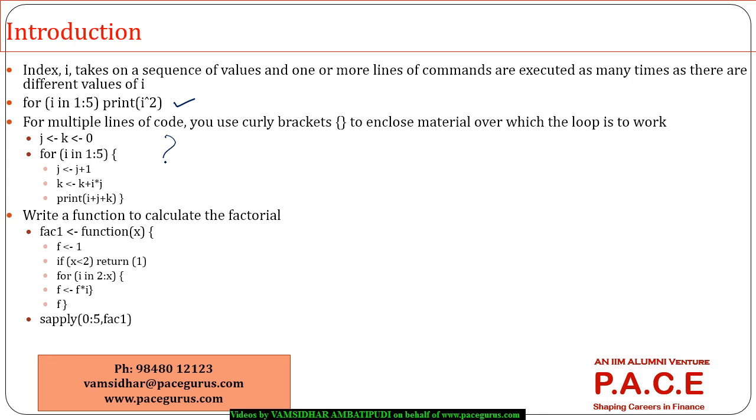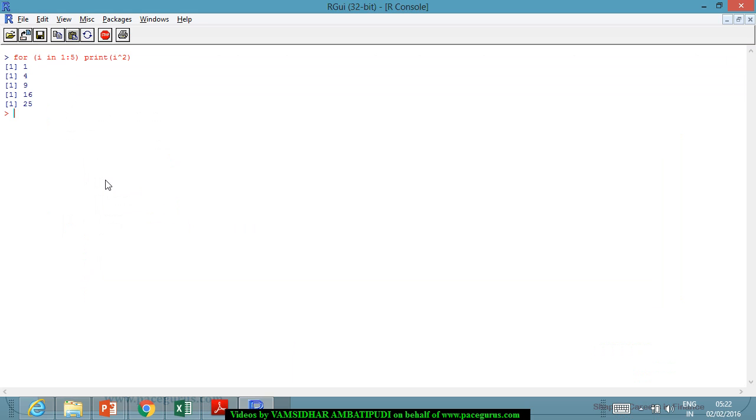But sometimes I may have to repeat multiple lines, right? For example, I'm taking some value, let's say j is 0. Even k is also equal to 0. Now I'm repeating the process.